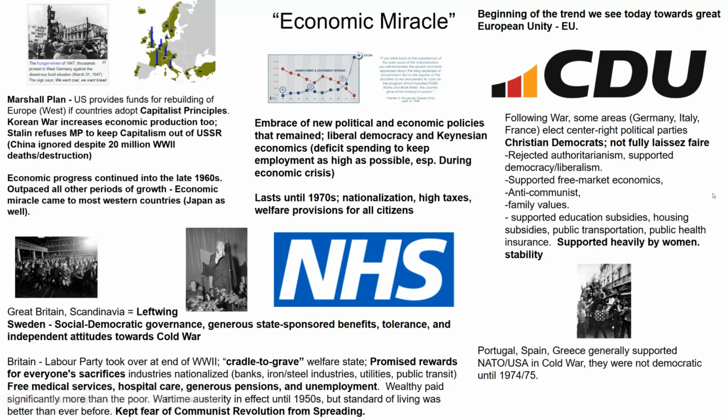Not only was the Marshall Plan successful, but we do see a wide embrace of Keynesian economics. John Keynes, if you remember him from the last unit, was that economist that advocated for deficit spending, to keep employment as high as possible. When you have high employment, you have everyone working, everyone paying taxes, and you have a fully functioning economy.